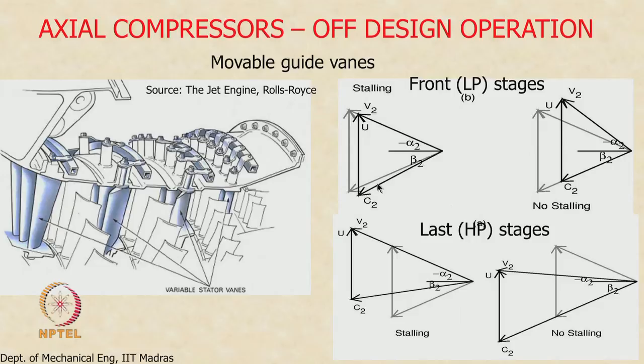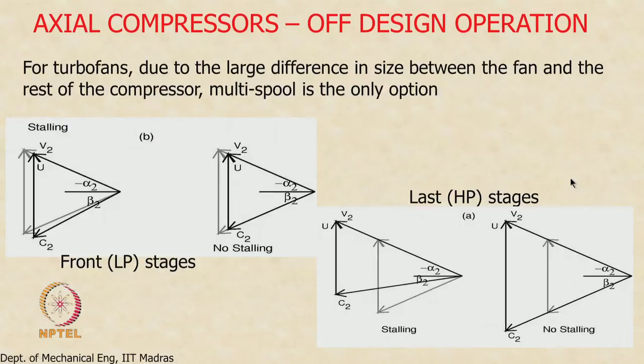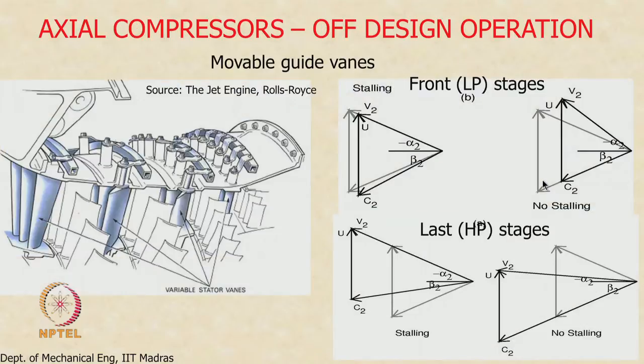It was stalling here because this velocity vector is not aligned to the design relative velocity vector. Now by increasing this angle, I have forced the off design velocity vector to line up with the design velocity vector by moving the guide vanes appropriately.